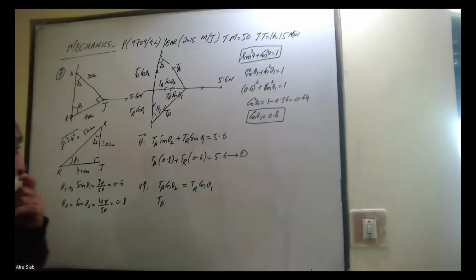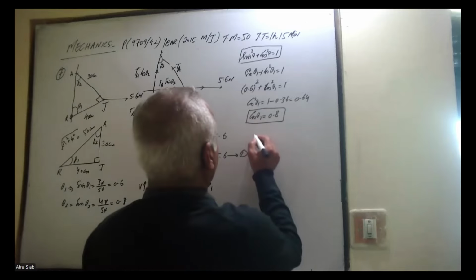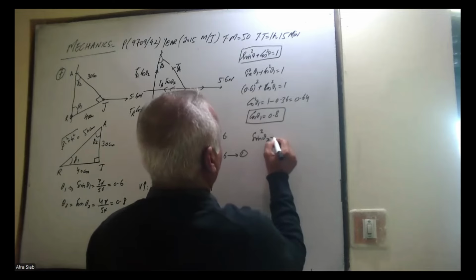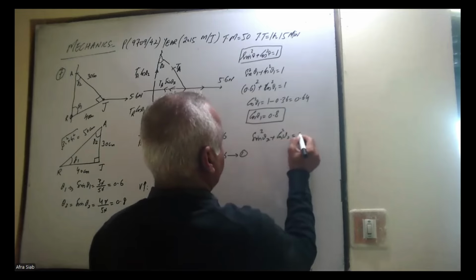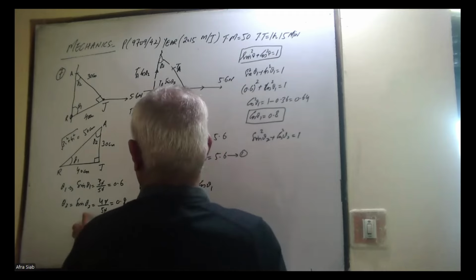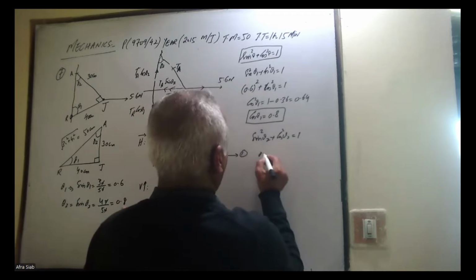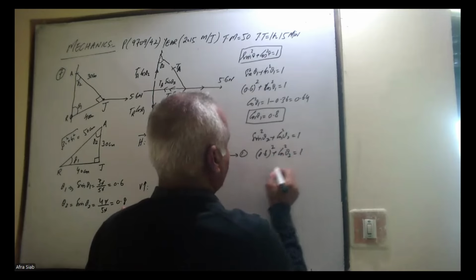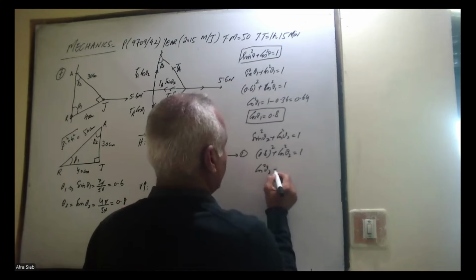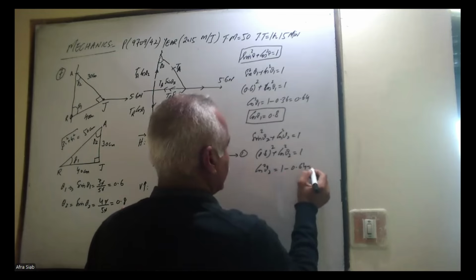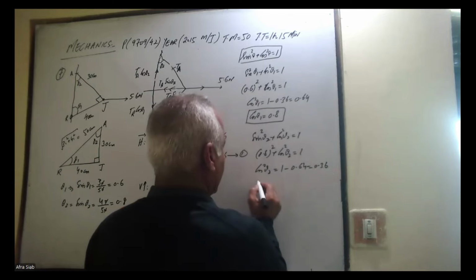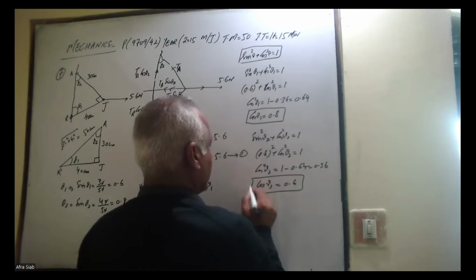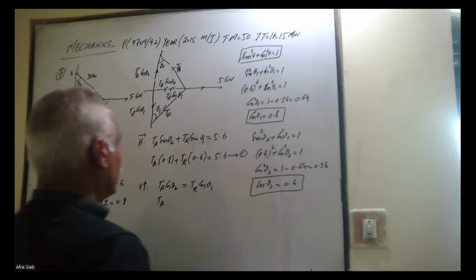Similarly, sine square theta 2 plus cos square theta 2 is always equal to 1. But sine theta 2 is equal to 0.8, so 0.64 plus cos square theta 2 is equal to 1. So cos square theta 2 is equal to 1 minus 0.64, that is 0.36, or cos of theta 2 is equal to 0.6. Now we put the values of these two into this equation.